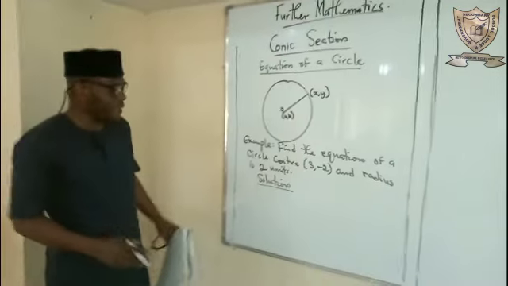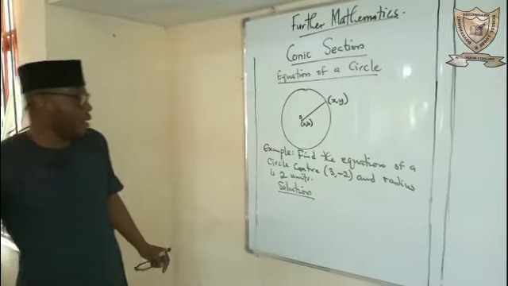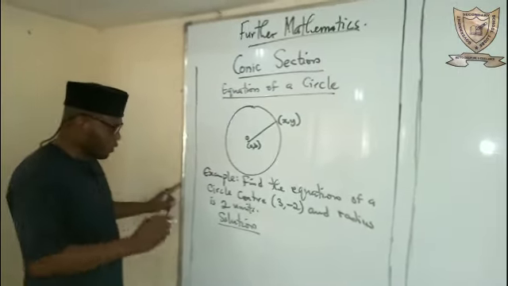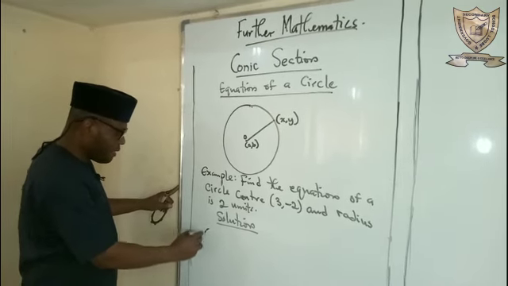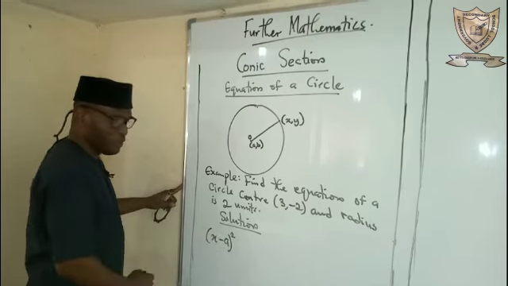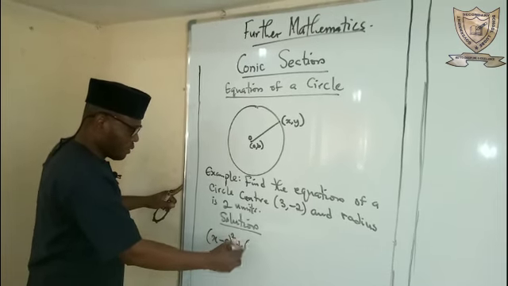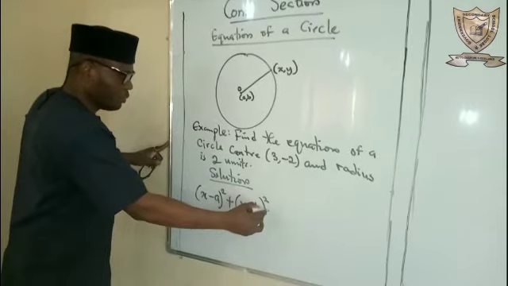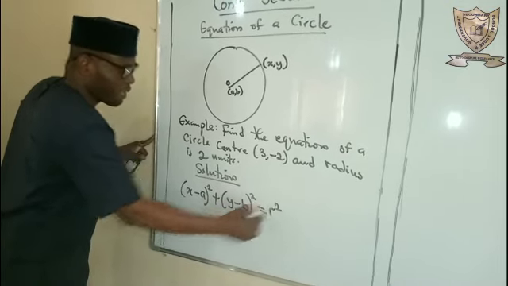There is a formula for the equation of a circle, and it is given by (x minus a) raised to power 2 plus (y minus b) raised to power 2 equals r squared.